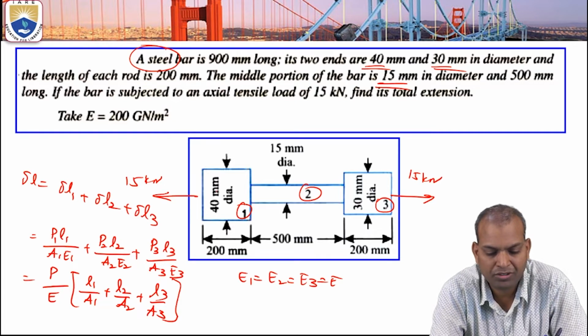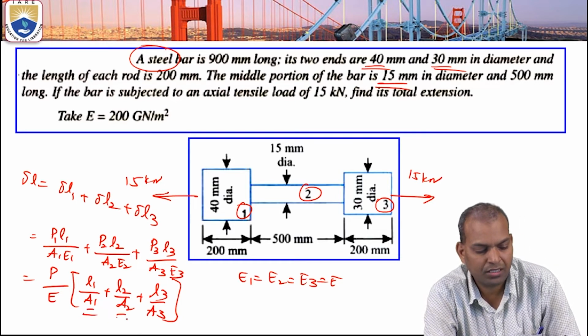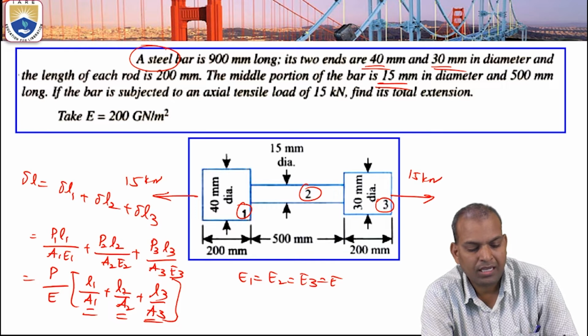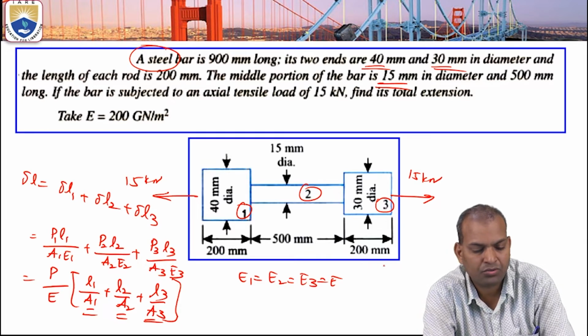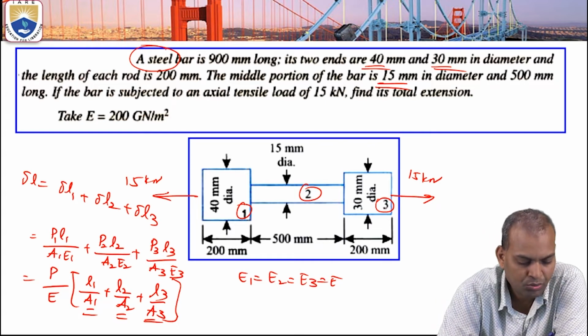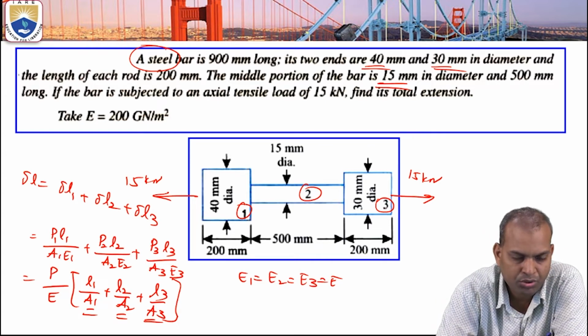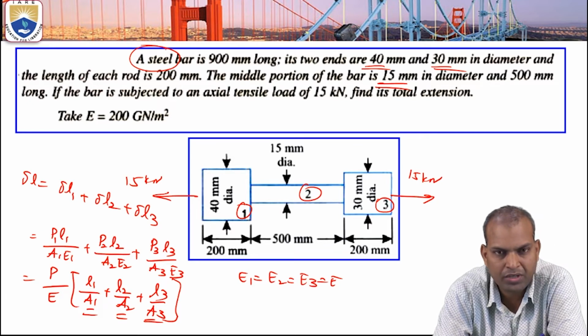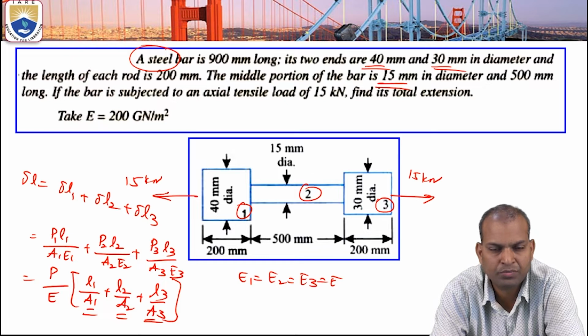After calculating areas, substitute over here A1, A2, A3, and L1 is 200 millimeters, L2 is 500 and L3 is 200 millimeters. So these are L1, L2, L3, A1, A2, A3 and P, that is 15 kilonewtons, and modulus of elasticity, that is 200 giganewton per meter square, converted into Newton per meter square, that's 200 times 10 power 9 Newton per square meter.